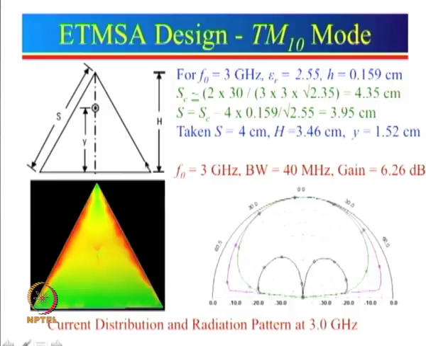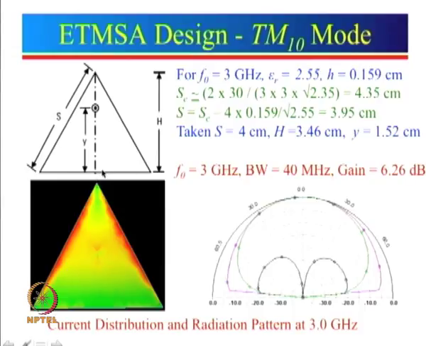In this case, you have to only remember that the E plane is on this side. Earlier when I showed you the pattern for the rectangle or circle, we had always taken the feed point on this side. So, when you take the feed point on this side, for circle as well as rectangle, this was the E plane, but here we have taken the feed point on this side. So, this is the E plane, and perpendicular to that will be the H plane.